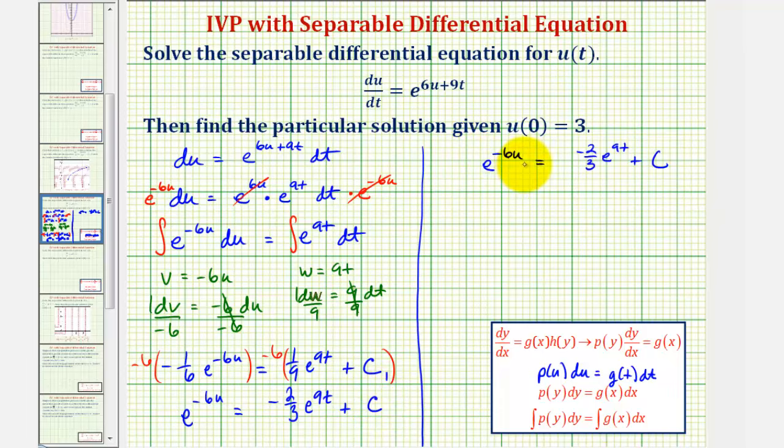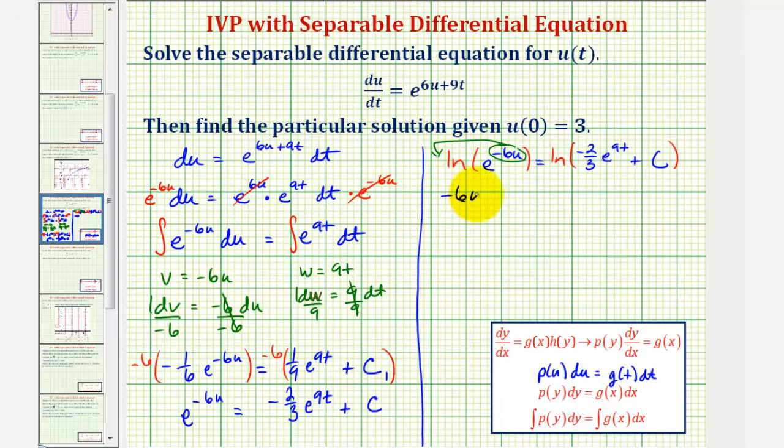Remember, our goal here is to solve for u, so because we have base e here, we'll now take the natural log of both sides of the equation. Here, when we apply the power property of logarithms, we can move the exponent of negative 6u, so we have a product of negative 6u and natural log e.